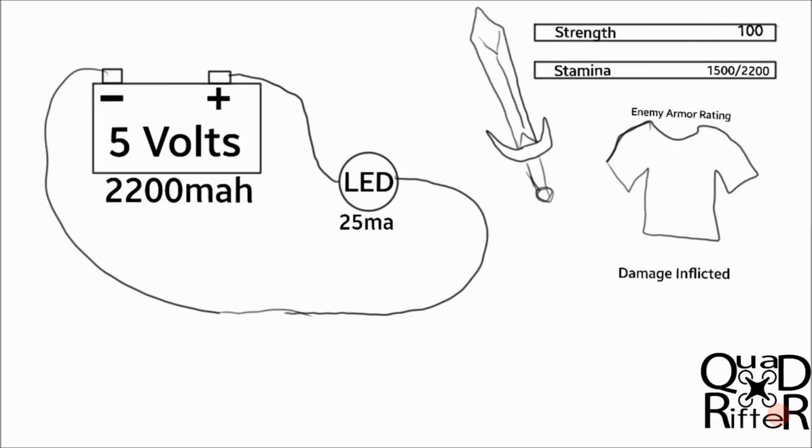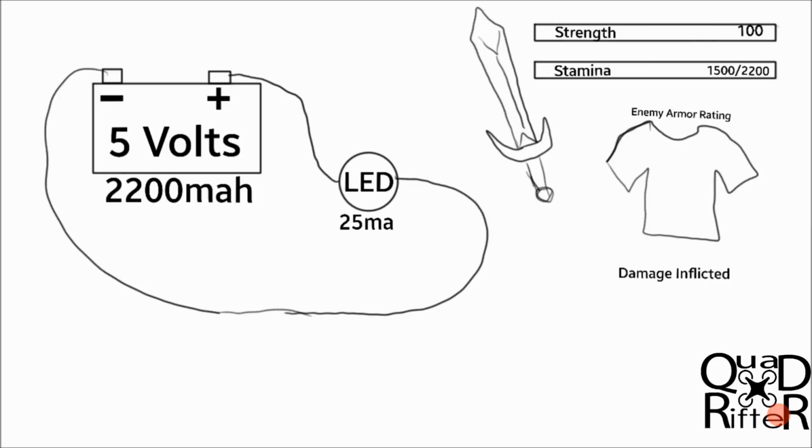Basically, you take your voltage, which is 5, and then you multiply that by the amperage. Now, don't multiply it by the milliamperage. You have to convert the milliamperage to just amps. So you want to take 2200 and divide it by 1000.